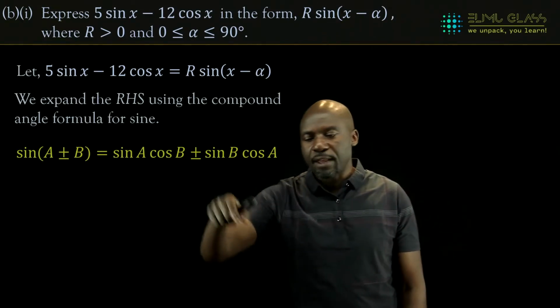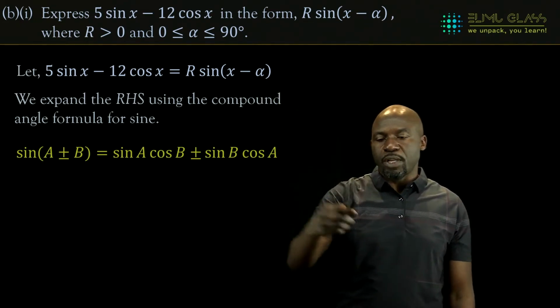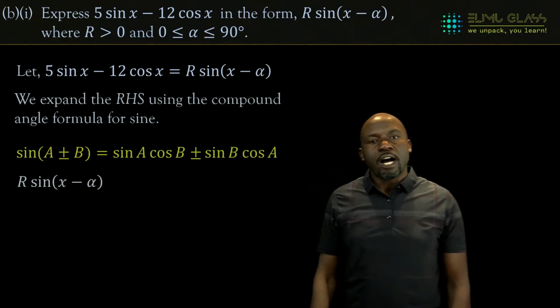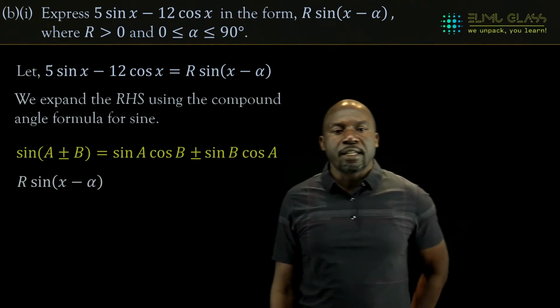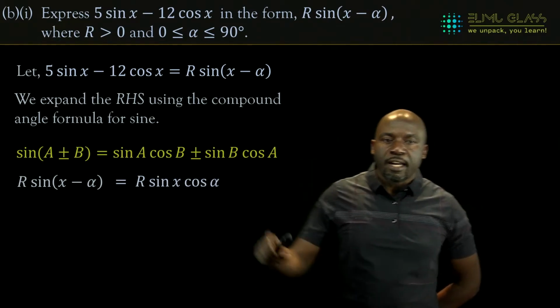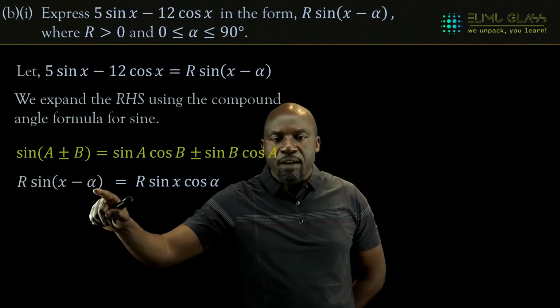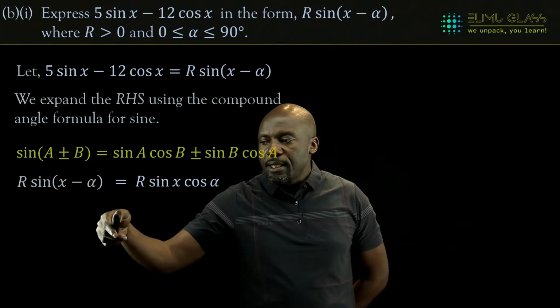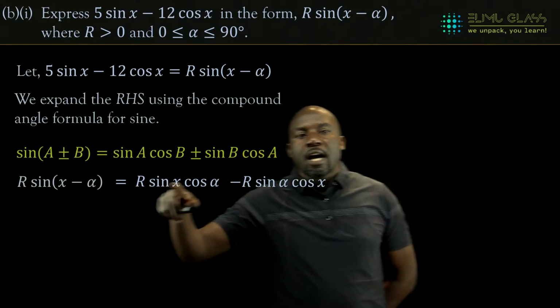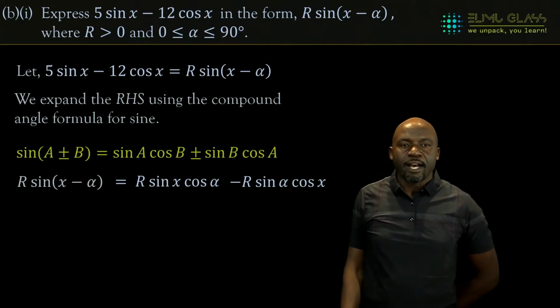Just the same way we've done this. So let's do that. And of course there is a coefficient r there which will then be distributed. So r sine of x minus alpha is going to be r sine x cosine alpha minus r sine alpha cosine x, like that.